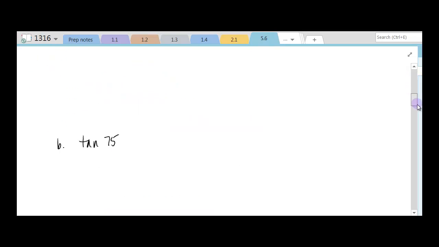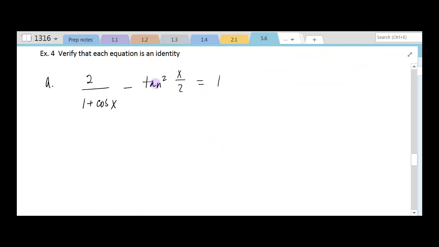So moving back down to my problem again. I replace this portion right here with the half angle identity for tangent, which looks like 1 minus cosine x all over 1 plus cosine x. I am taking the square root of it, but because this tangent is squared, I will actually be squaring that.